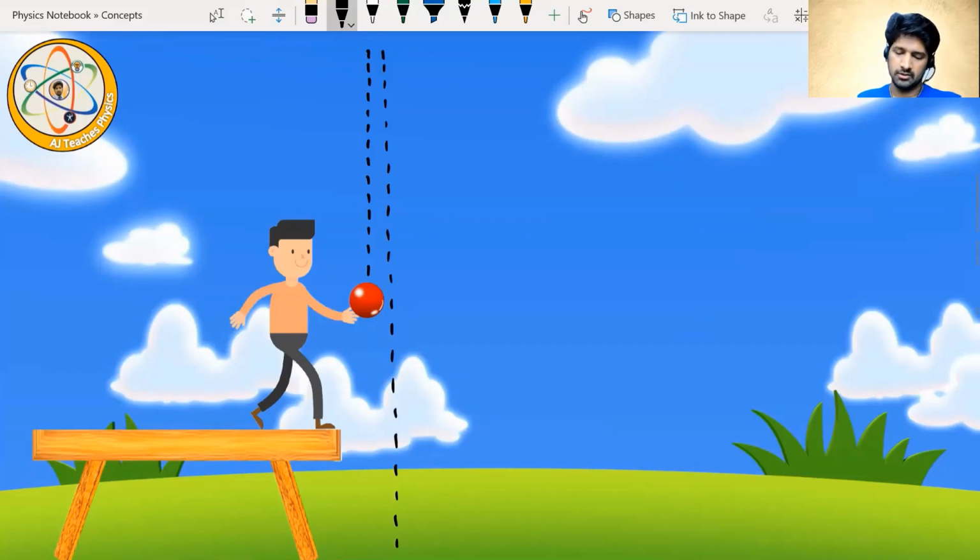Now it was given to you that the ball is thrown from a height 2 meters above the ground. So this initial position of the ball is already at a height of 2 meters from the ground. And it was also given that it reaches a maximum height of 3 meters from the point of projection. So the distance from the point of projection to the highest point is 3 meters.